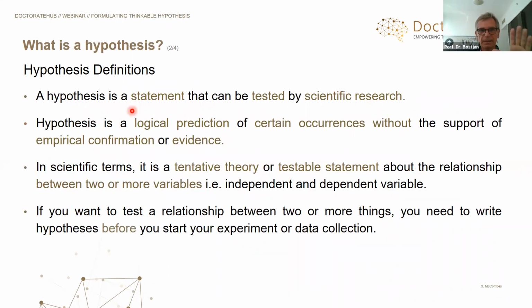So a hypothesis is a statement that can be tested using research, okay, scientific research. That's extremely important. I'll talk about testing a little bit later, but that's extremely important. As Zara has just said, she has already tested her hypothesis. Okay, perfectly fine. So she has used some tools, most of the time statistical tools, in order to test them.